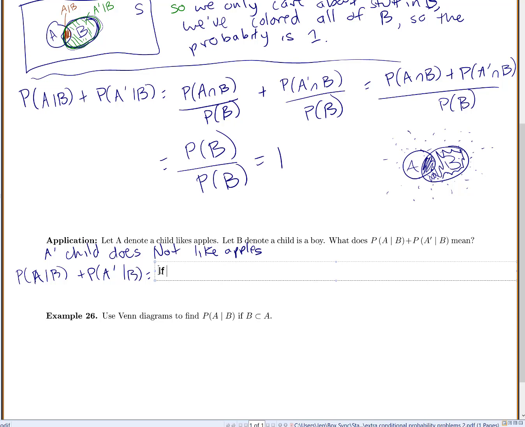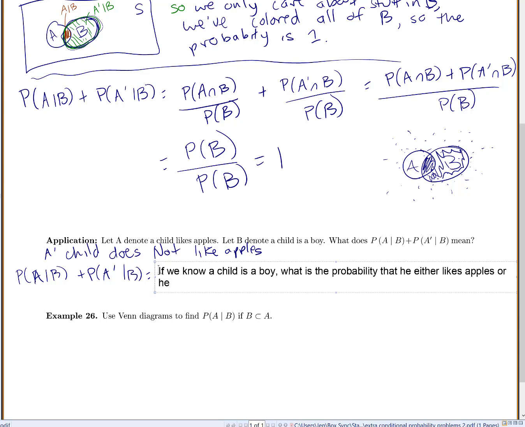So it means basically that if we know a child is a boy, because both of these say if we know the child is a boy, then what is the probability that he either likes apples or he does not like apples?